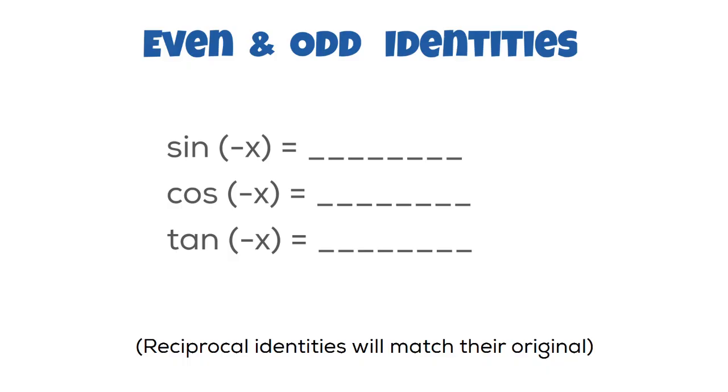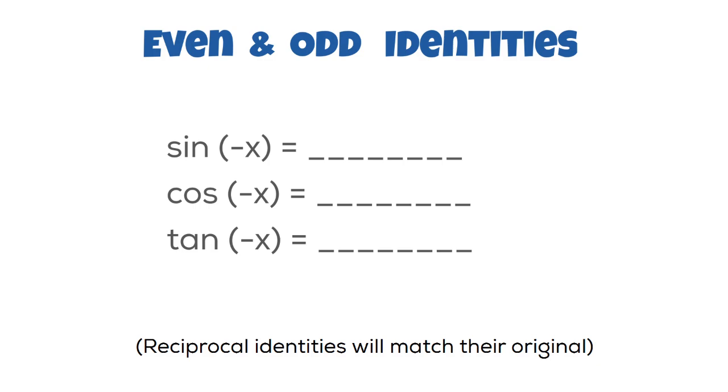Now, the only new identities we have today are the even and odd identities. And they are kind of referring back to even and odd functions and has to do with some symmetry. And rather than symmetry, though, I'm going to just think in terms of the unit circle and thinking about what's going to happen on a unit circle if you take the sine of an angle versus the sine of the opposite of that angle.